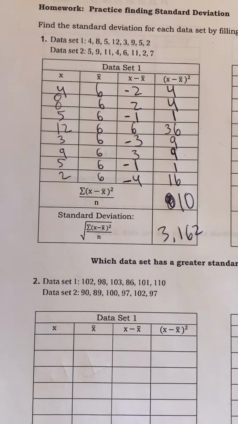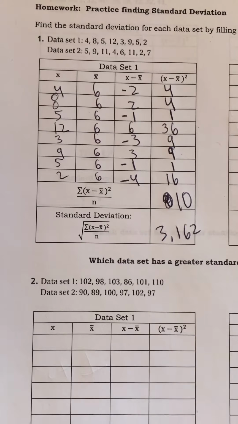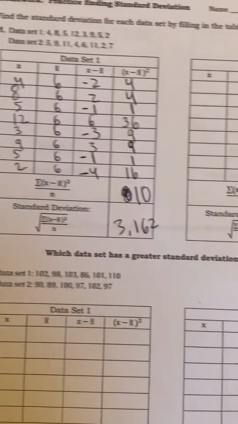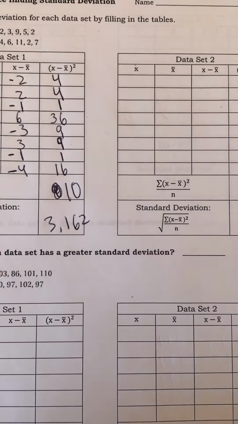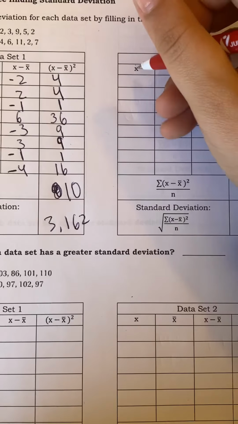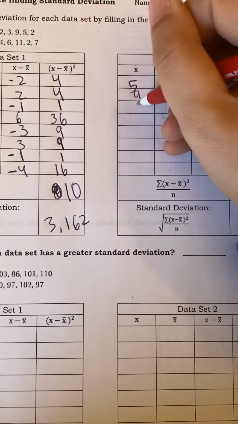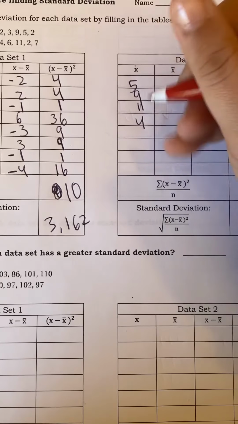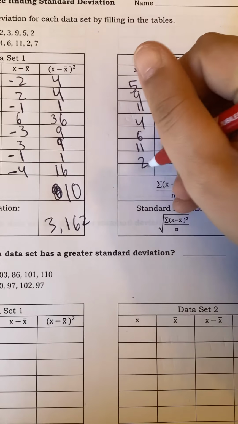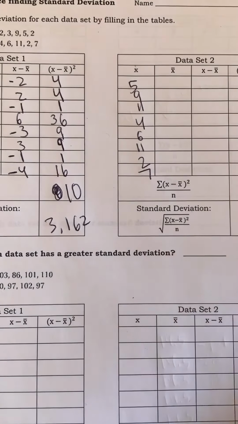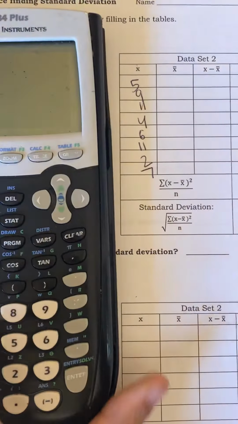Okay. So then we're going to find the standard deviation of our second data set. So I'm going to scooch this over here a little bit. So my second data set is 5, 9, 11, 4, 6, 11, 2, and 7. Okay, and again, we're going to find the mean of all of that.